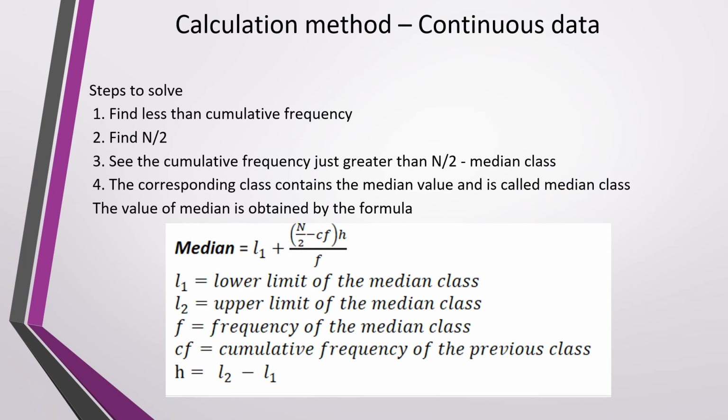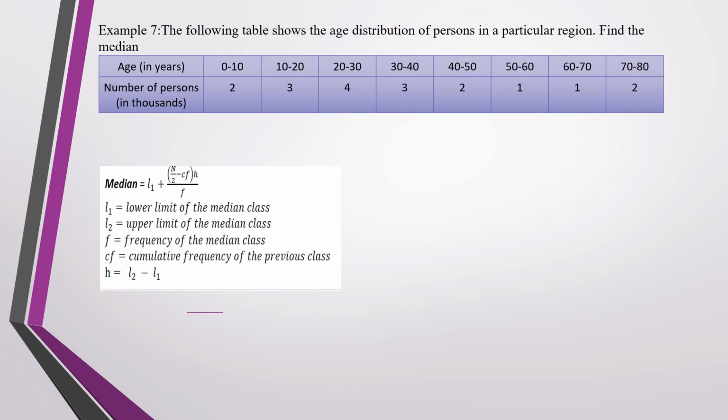H can be calculated using the formula L2 minus L1. F is the frequency of the median class. CF is the cumulative frequency of the previous class. And this is the median class. So be careful while you are solving the problem.